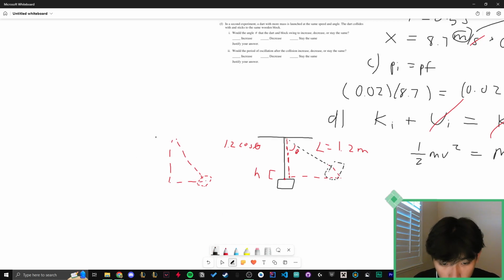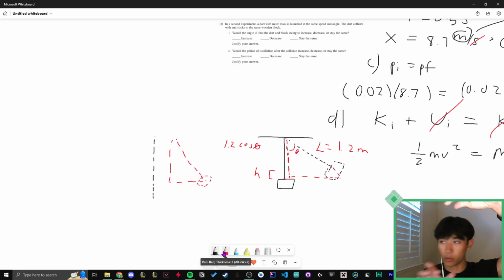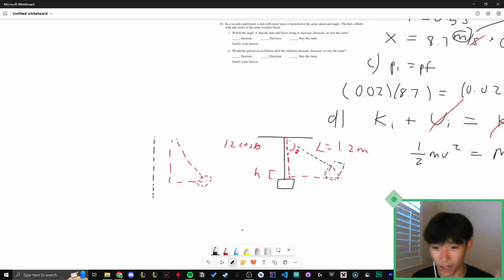And the actual string should be just a little bit longer, because basically the whole vertical component moves to the side, so the actual height of the object is just slightly shorter than if it was resting. So you've got to think about this thoroughly before you move on.